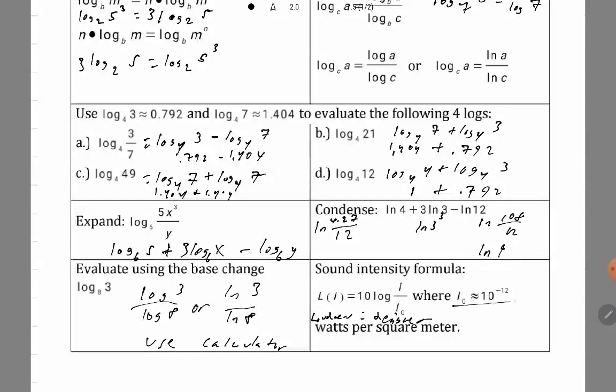I sub O is that. So you figure out whatever your intensity is, and then you do 10 times the log of your intensity over your I sub O, and you multiply it by 10 to see how loud it is.